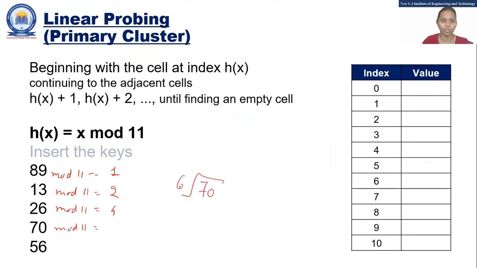If you get any doubt at any stage, you can apply the division function. So here you can see 89 is stored at index 1, 13 is stored at index 2, 26 is stored at index 4, and here 70 also comes at index 4.